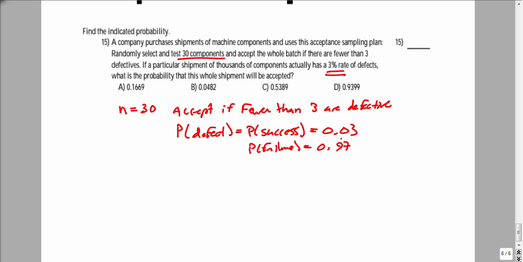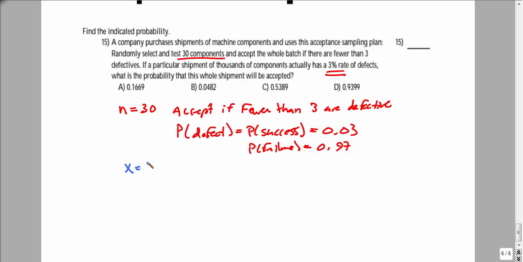So it looks like we've met all the criteria. There's 2 possible outcomes for each component. We either accept it or reject it. It's either defective or not defective. The probability of success is constant at 3%. We know the number of trials in advance that we're going to check, and if one component is defective, that's independent of the next one being defective. So let's go ahead and define some variables.